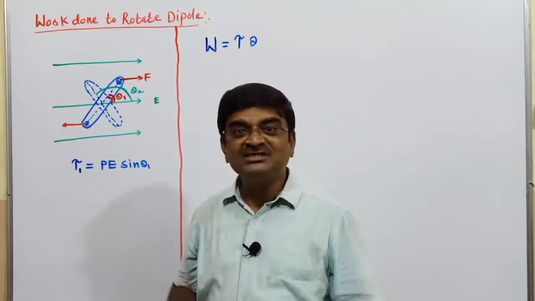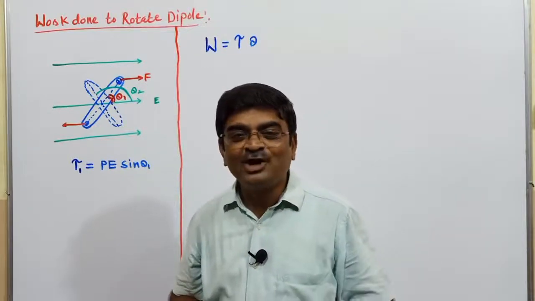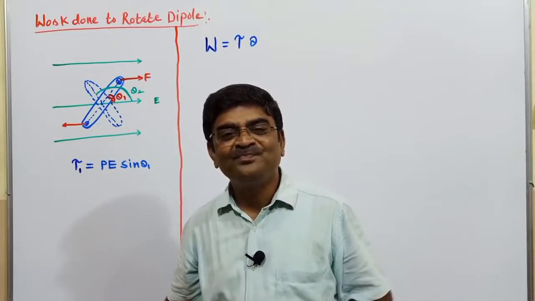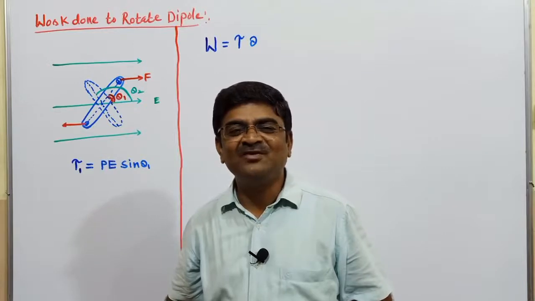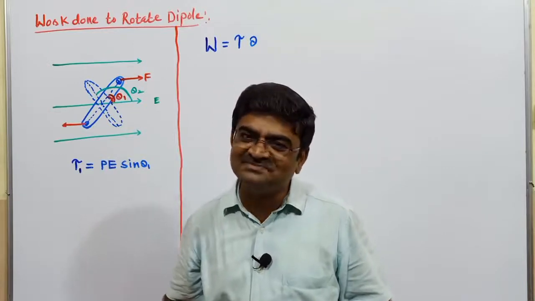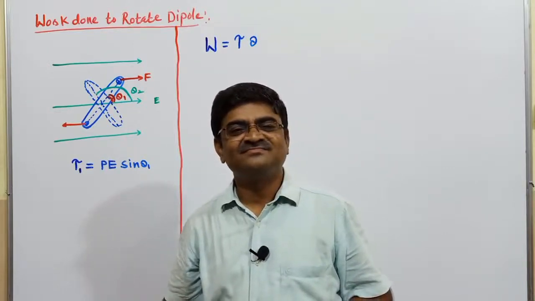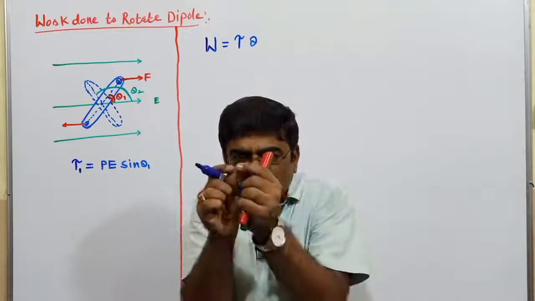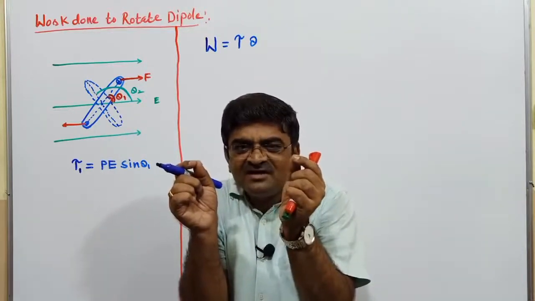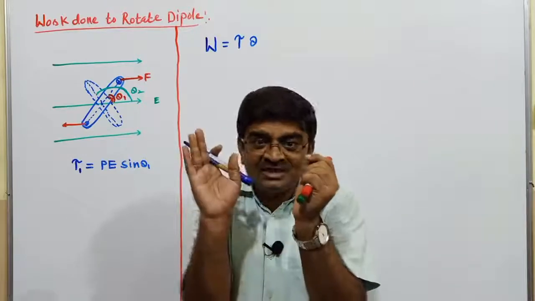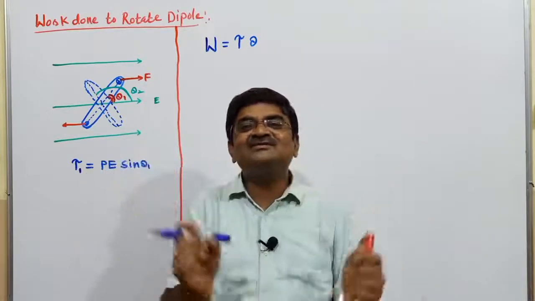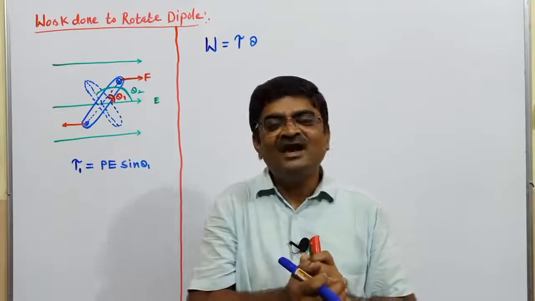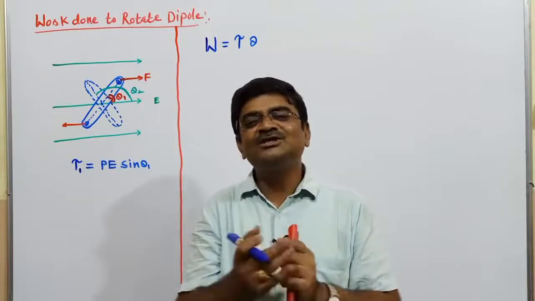But if the force involved is variable, what do you do? The whole displacement you divide into elementary displacements. What's the benefit of doing so? Over that small displacement, you will have a variation of force even there, but that variation can be treated as negligible and you can use the equation force into displacement.